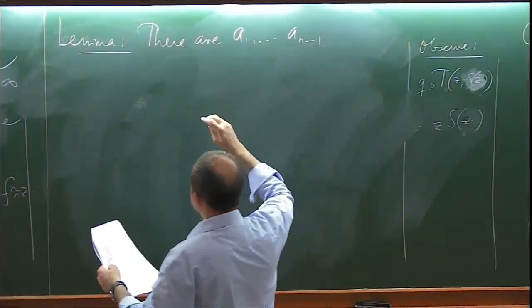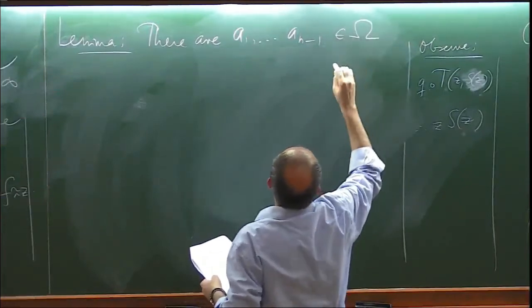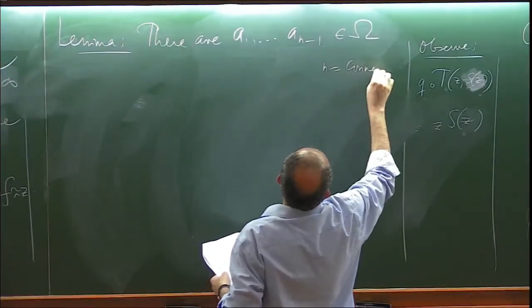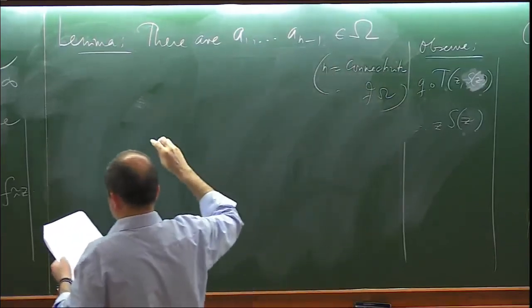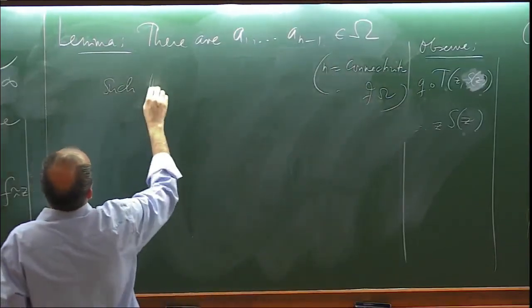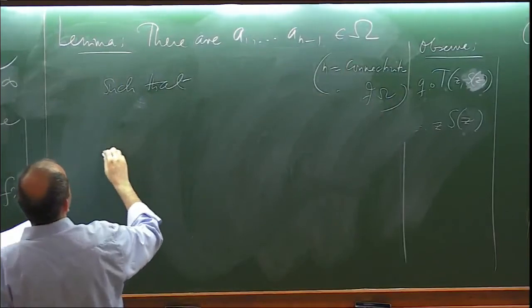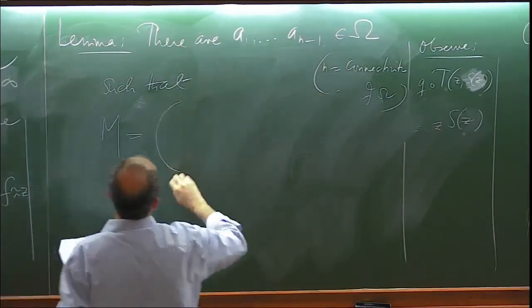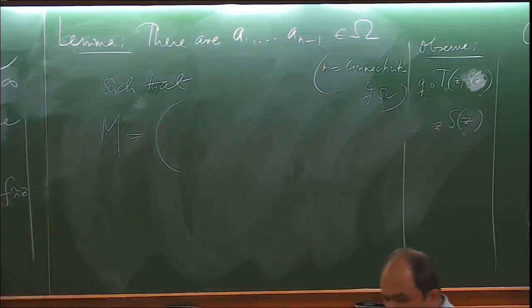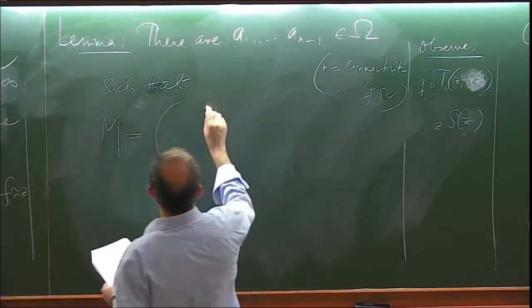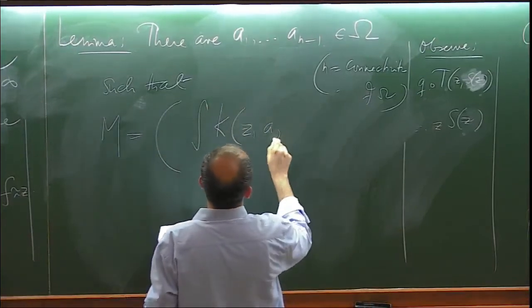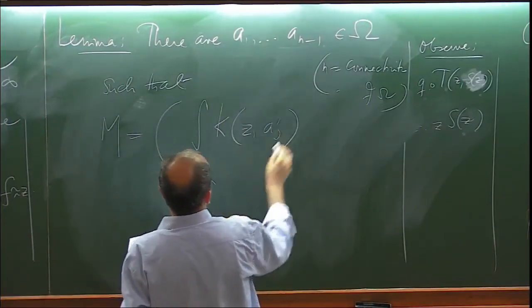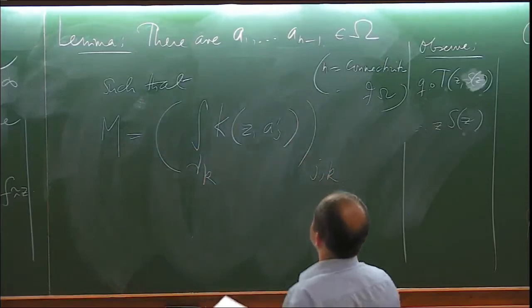So there are n minus 1 points in my domain omega, such that if you look at the following matrix M, say, the ijth entry of M is the period of the Bergman kernel function K(z, a_j) along gamma k. So this is the jk entry.